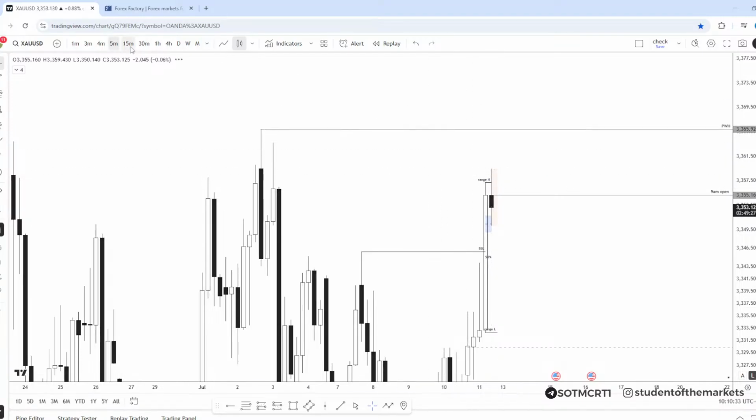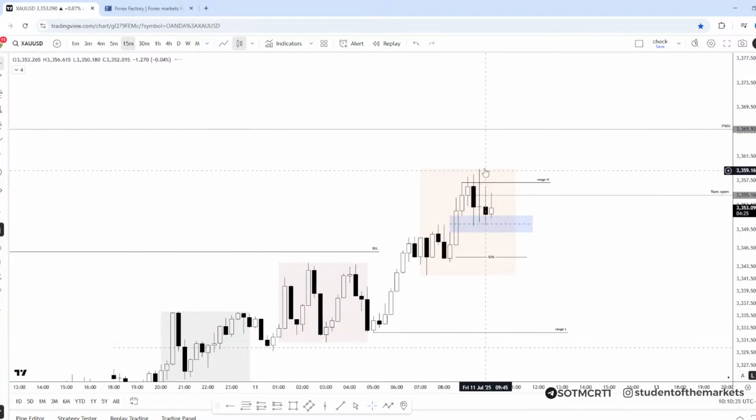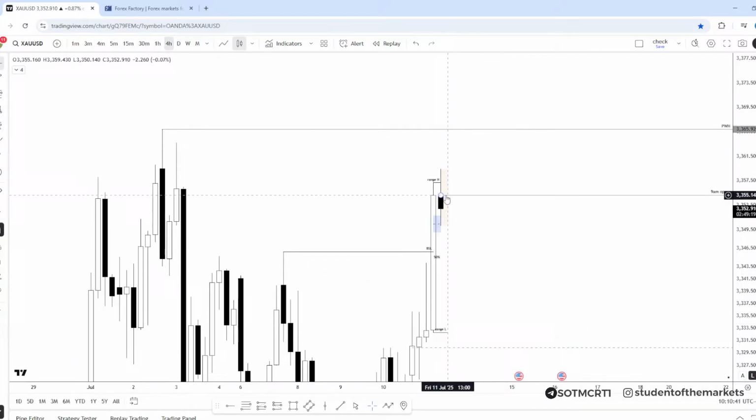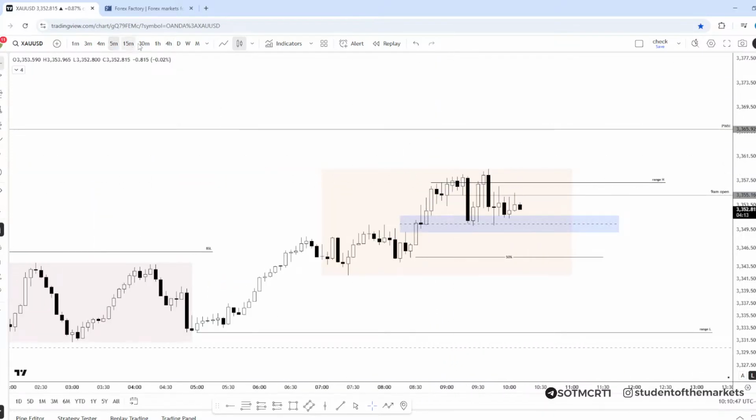That means you're entering at the wick, selling from the high, or in very close proximity.